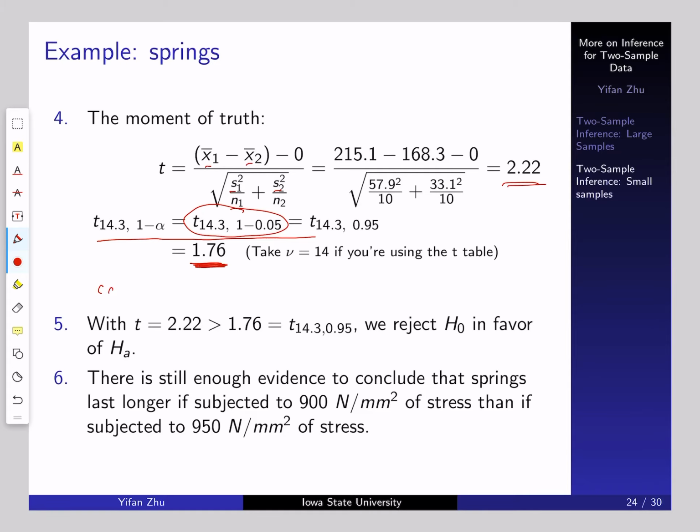You need to use a calculator or some software like R or MATLAB to get this value, because in the table you can only find the t quantile when the degrees of freedom are integers.